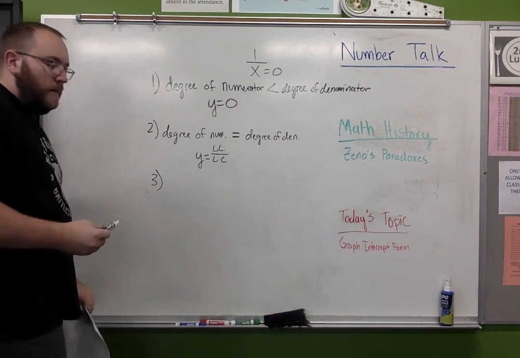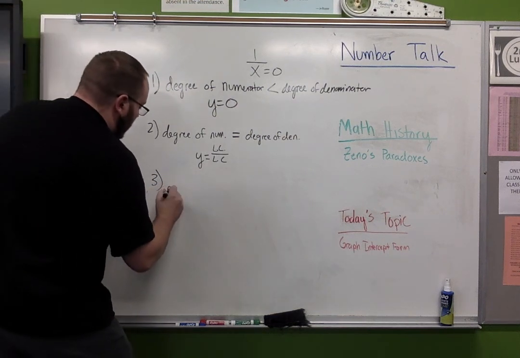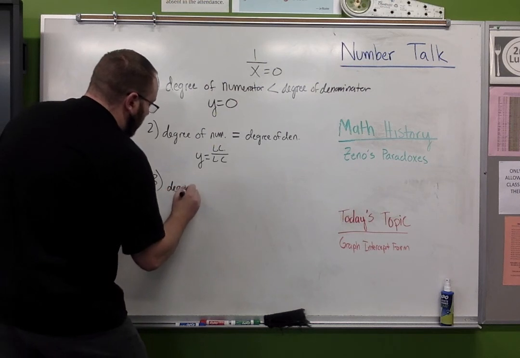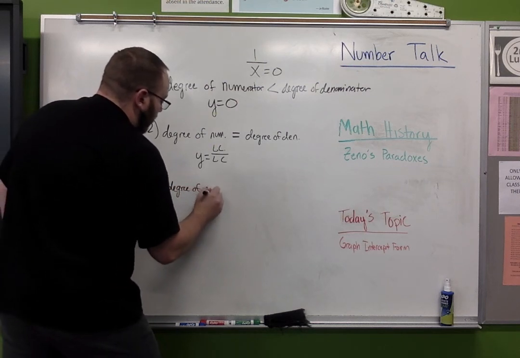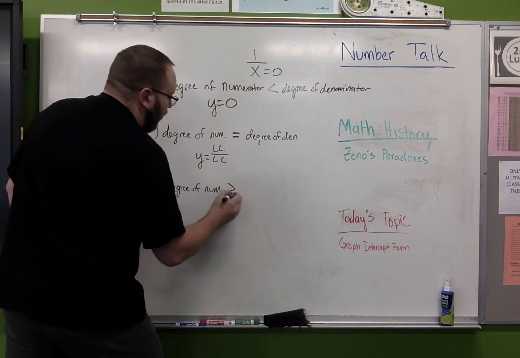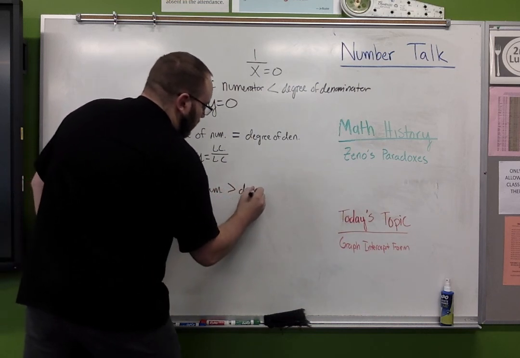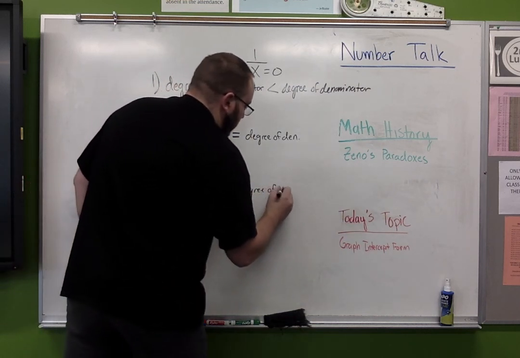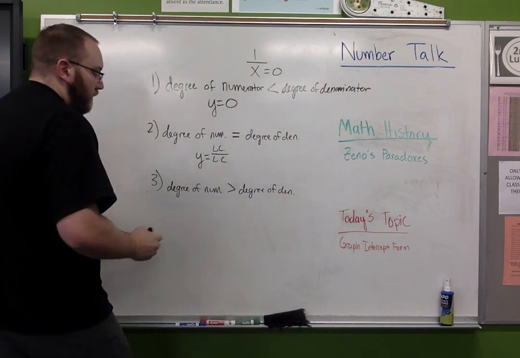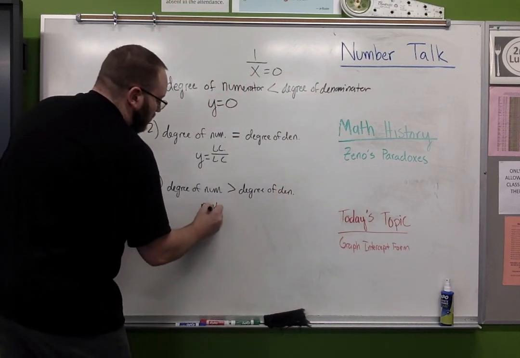And you probably saw this one coming, number 3. If the degree of the numerator is bigger than the degree of the denominator, then no horizontal asymptote.